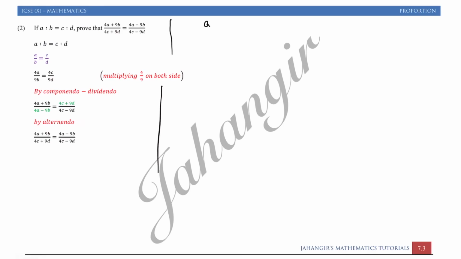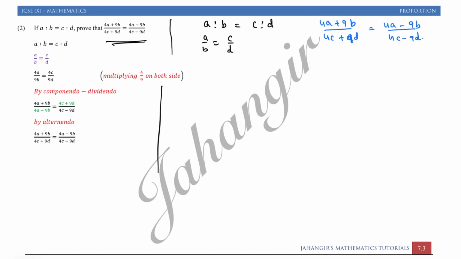Next question is, we have a is to b is equal to c is to d. So we can write a upon b is equal to c upon d. Now check what answer we want. We want 4a plus 9b upon 4c plus 9d is equal to 4a minus 9b upon 4c minus 9d.